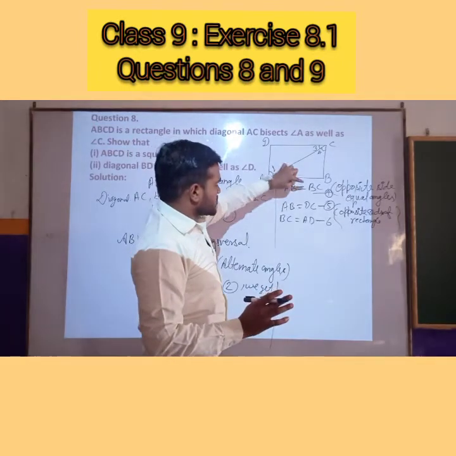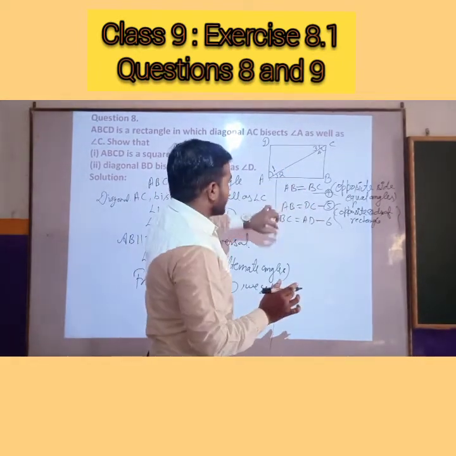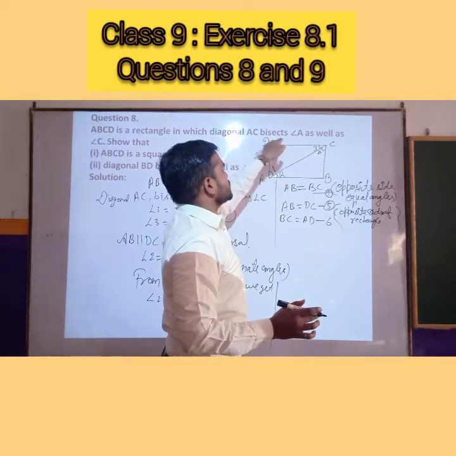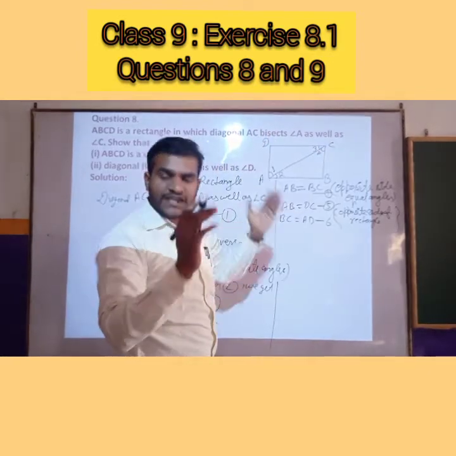So from equations 4, 5, and 6, we get AB is equal to BC is equal to CD is equal to DA. It means all sides are equal.